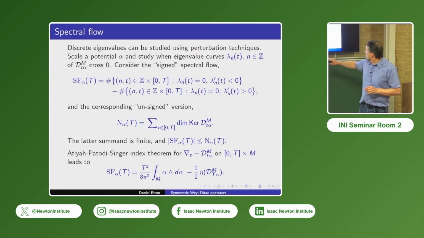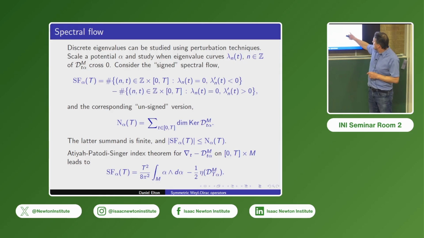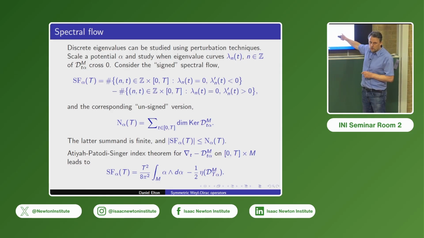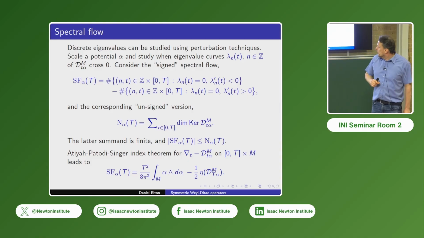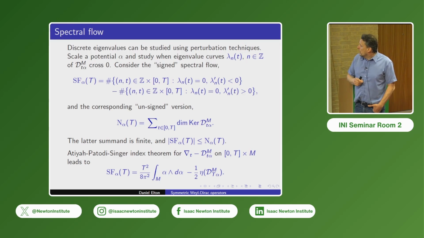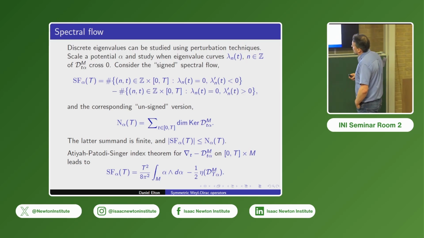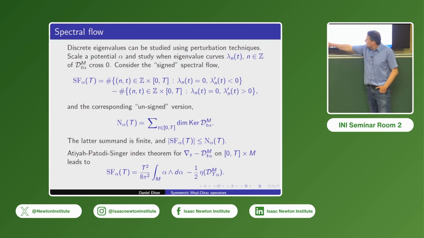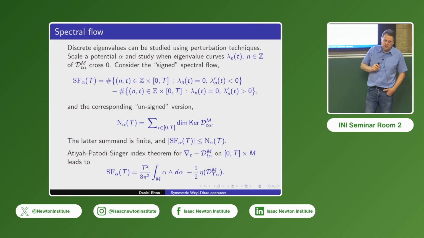The 4-manifold is just the parameter range crossed with the 3-manifold. So it's got two ends, but you can get versions of the index theorem for bounded manifolds with boundary. And what you end up getting is a formula that tells you this spectral flow is actually given by an integral of a characteristic class on the manifold in some way. And then there's a correction to do with the boundaries.